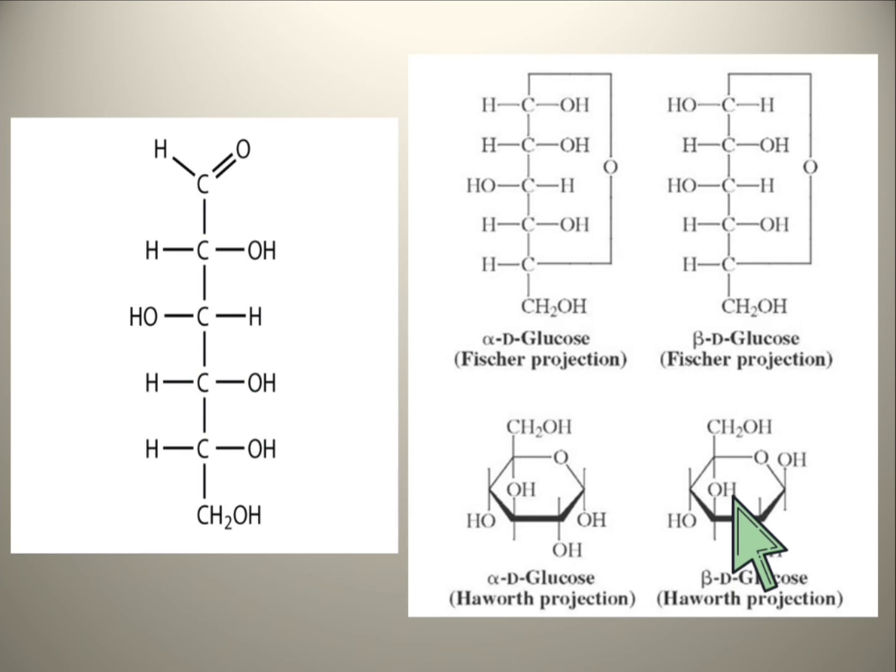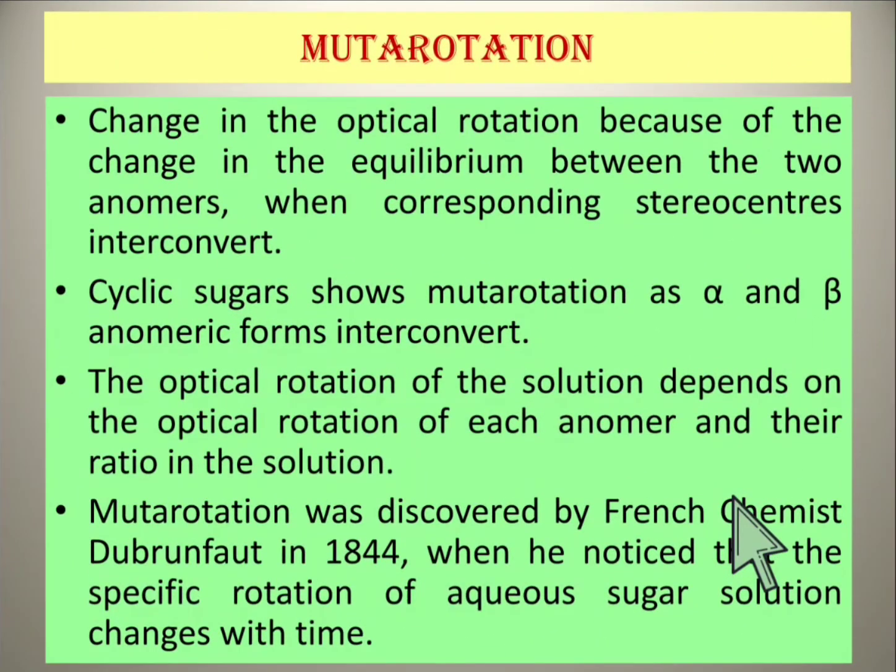This word mutarotation, in these anomers, was first discovered by a French chemist, Dubrunfaut, in the year 1844, when he noticed that the specific rotation of an aqueous sugar solution changes with time.